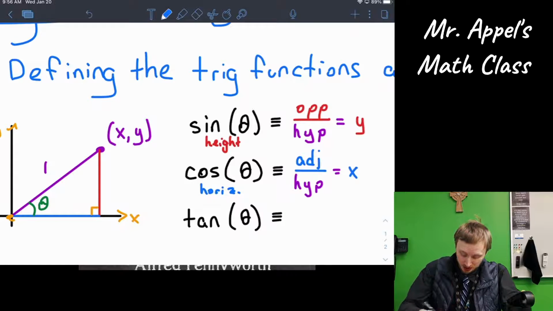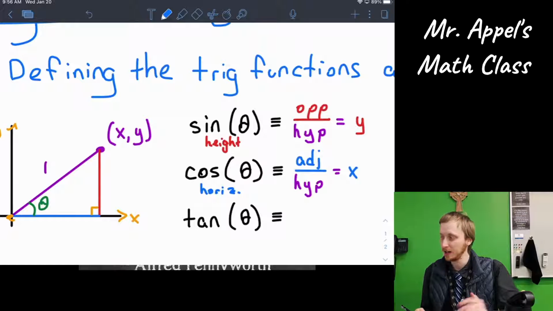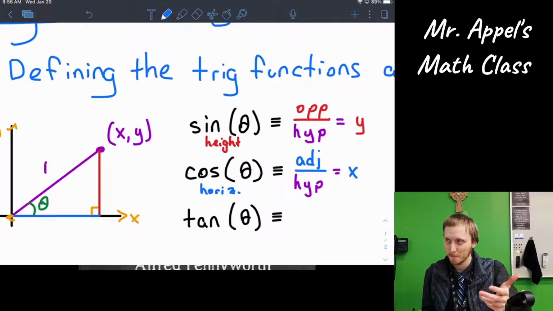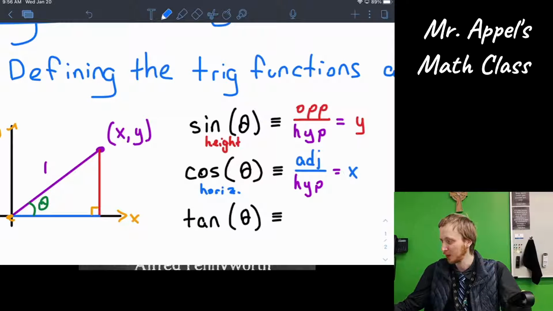And then tangent is defined as, there we go. Thank you. Perla's got it now.